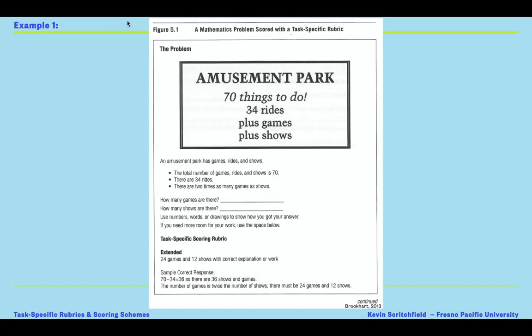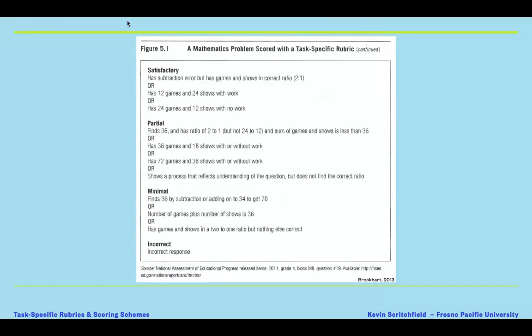Maybe you're even thinking, well, what do I need a rubric for that for then? Either they got it right or wrong. Let's look at the rubric that was created specifically with this assignment in mind and see what the difference might be. Here's the rubric that our author created for this. The categories are satisfactory, partial, minimal, and incorrect. Those are the performance levels. Really, there's only one row in this.